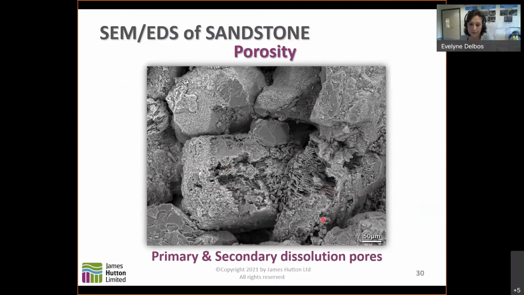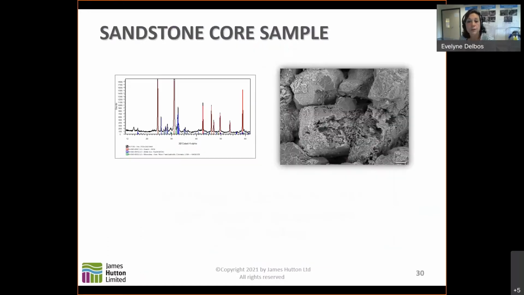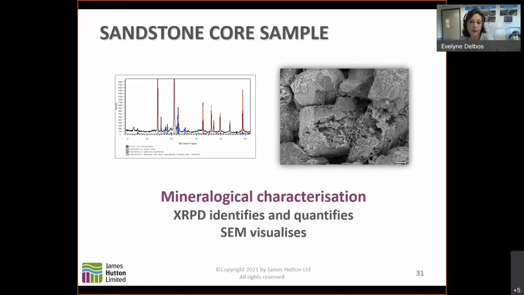So these are all things that you might be interested in and that we can provide. By combining the mineralogical characterization from the two different techniques, we can see very clearly that XRPD will identify and quantify the minerals, whereas the SEM will visualize everything and help understand how they interact.